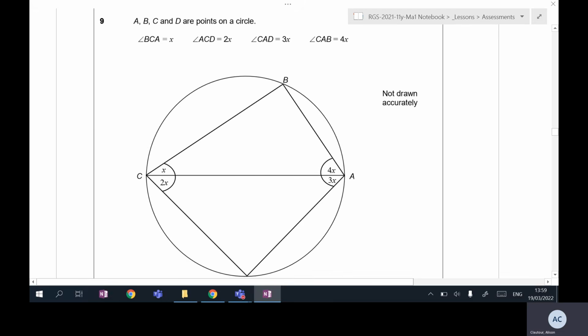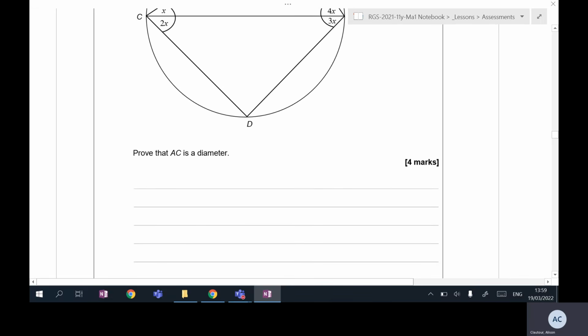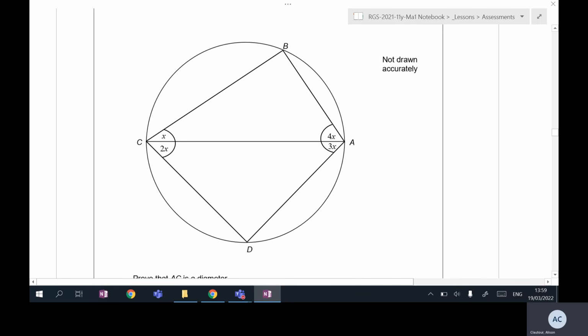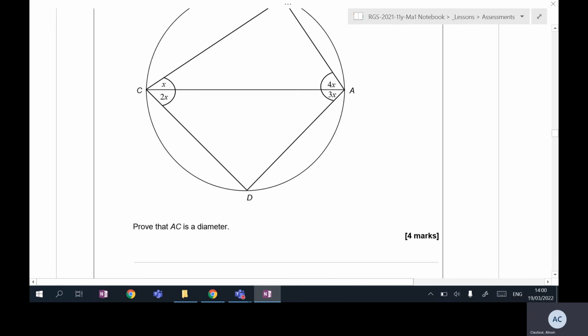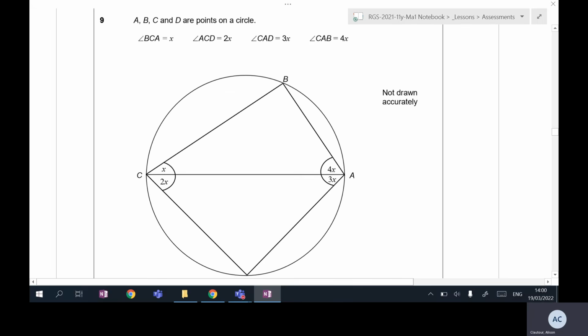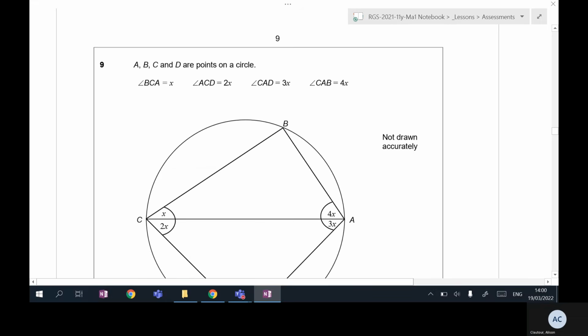Okay, so circle theorems, they're giving us a lot of information in this question, but it is all on the diagram. And we want to prove that AC is a diameter. Okay, so if we're trying to show that AC is a diameter, we might want to think about the other angle in the triangle.